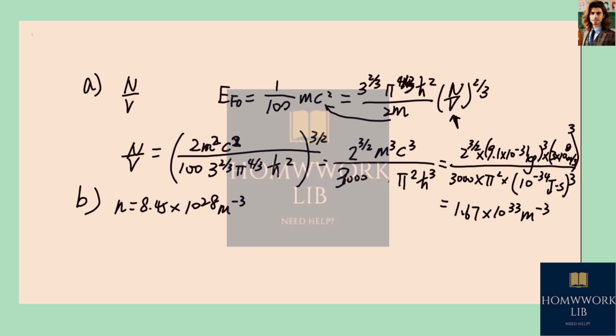If this is the electron concentration, will it be a good idea to ignore relativistic effect in copper? Well, we can compare it to part A. In part A, we have 10 to the 33, and now we only have 10 to the 28. So it's 10 to the 5th times smaller.